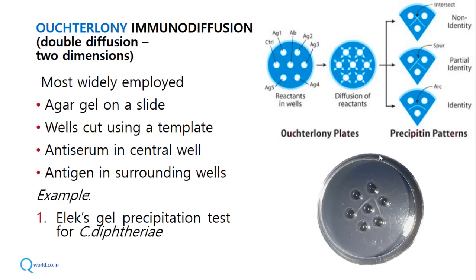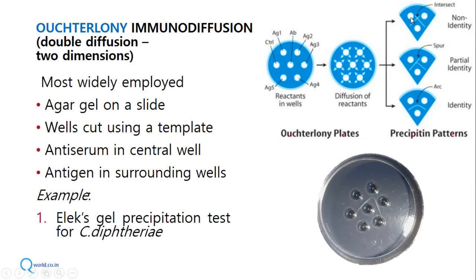Now in the central well you put the antibody, and in all the surrounding wells you put the antigen. And what will happen, this antigen and antibody will move towards each other. The antibody in the central well will diffuse, same way the antigen will also diffuse from their wells, and when this antigen and antibody meet, they will create such bands.